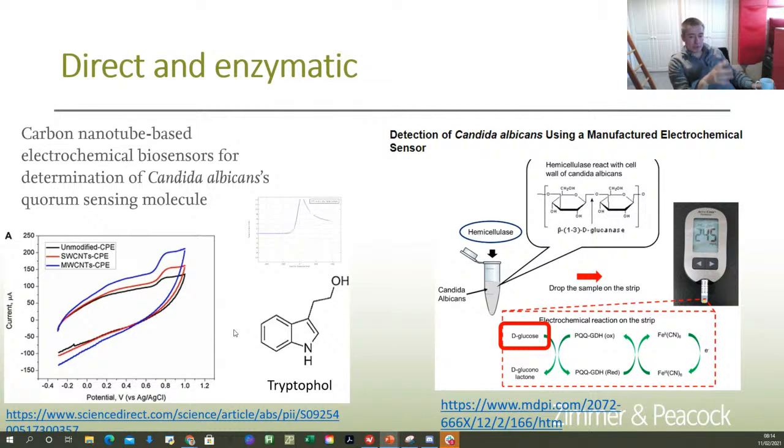We've talked about cyclic voltammetry an awful lot in these webinars. And it's worth saying that there's another way now of using quite a simple experiment to be able to detect something. Whether you detect the Candida by using an antibody, which is probably the most specific way of doing it but also the most complicated assay, you can do it that way.